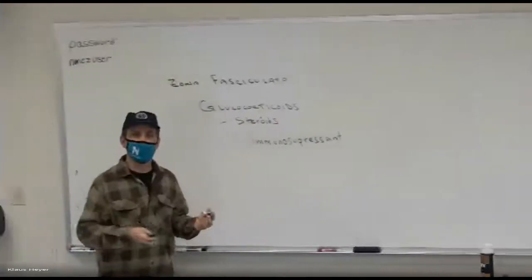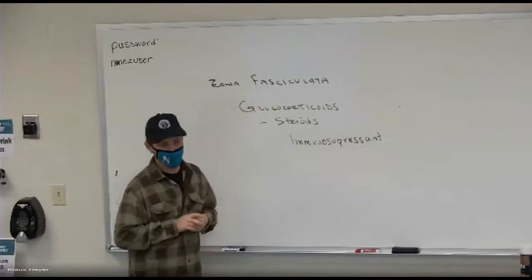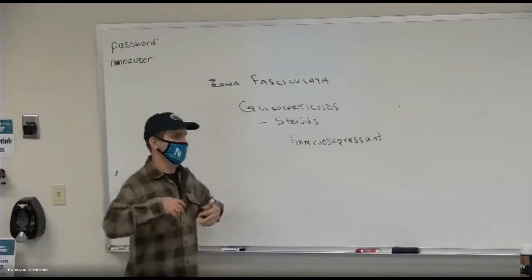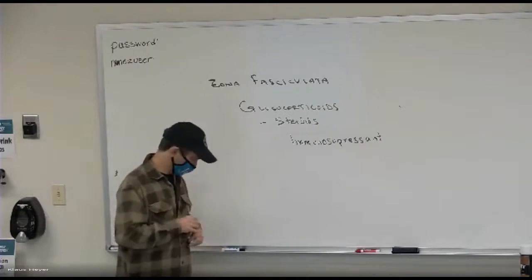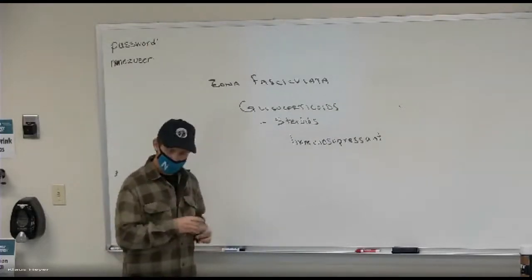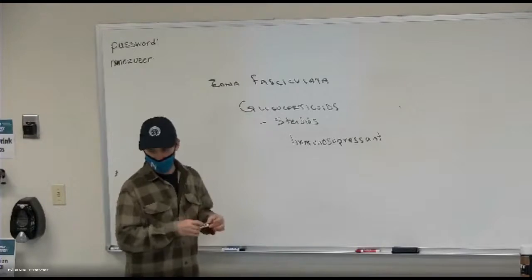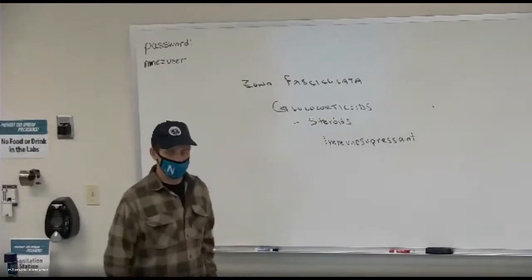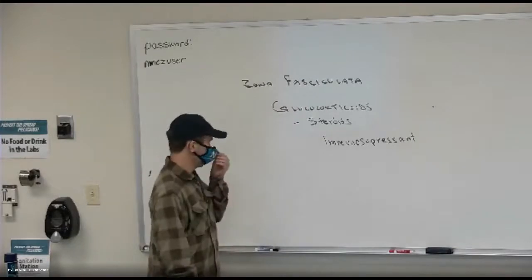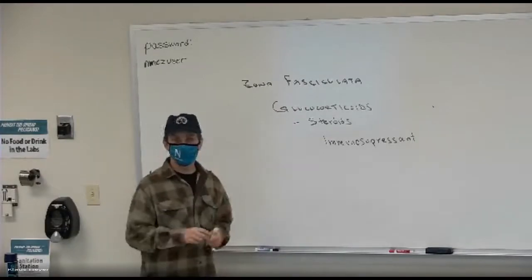So if you give them in high doses, they suppress the immune system. So you'll see people that have had operations or people that have autoimmune disorders. They might be on some kind of steroid. So they can be immunosuppressant.